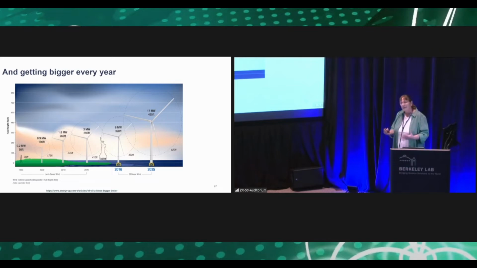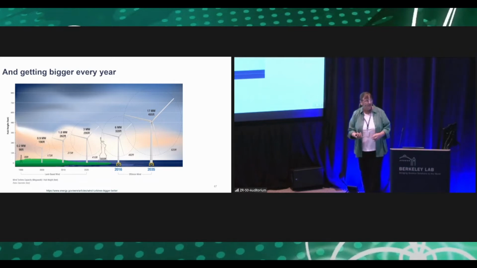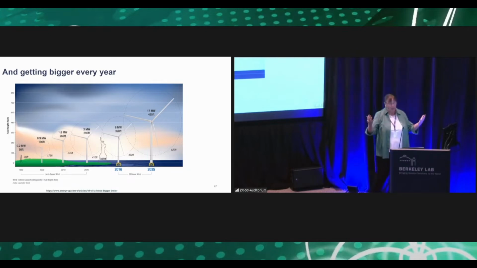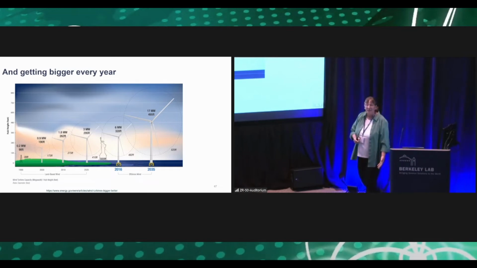Why is bigger better? If you look at the power formula for wind turbines, it scales with the area swept out by the blades. So with longer blades, you get a squared factor, pi r squared, the size of a circle. The other thing is that the power output scales with the cube of the velocity. Typically there's a frictional effect as wind goes past the ground.